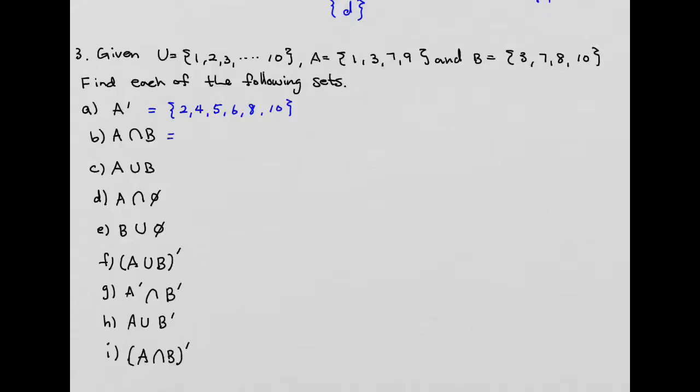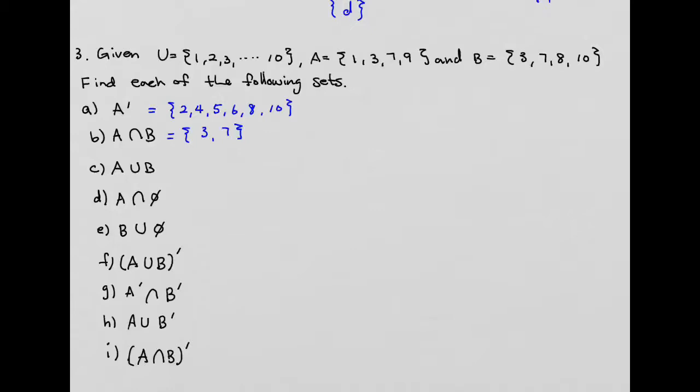And if we wanted to find A intersect B, we call this the intersection, which means the overlapping area of A and B. So overlapping elements between A and B, I see 3 and 3, 7 and 7. So it's going to be 3 and 7.